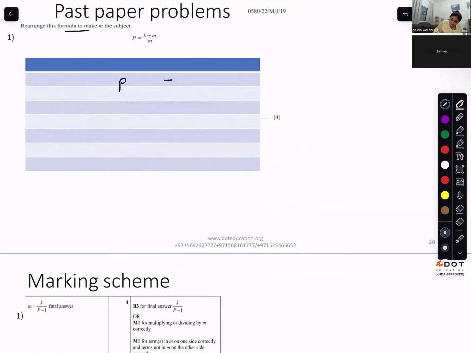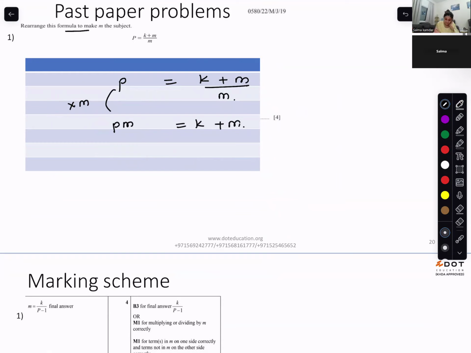This is P is equal to K plus M over M. First I need to multiply both the sides by M. So this is going to become Pm is equal to K plus M. I want M at one place.